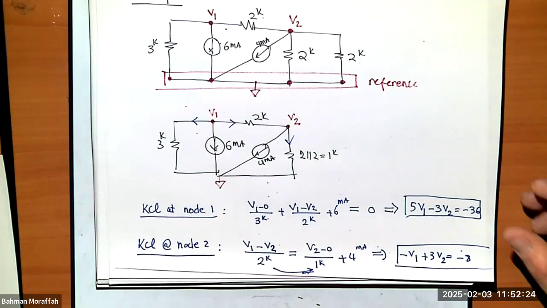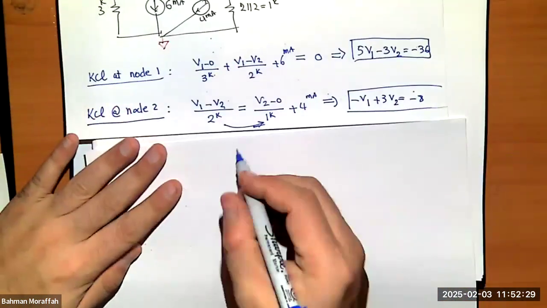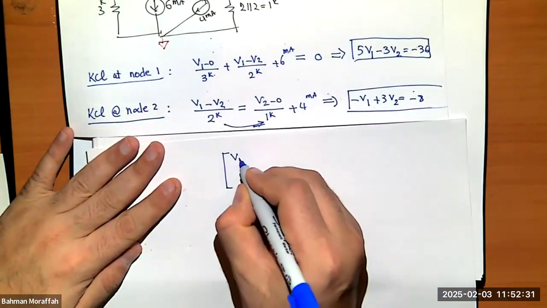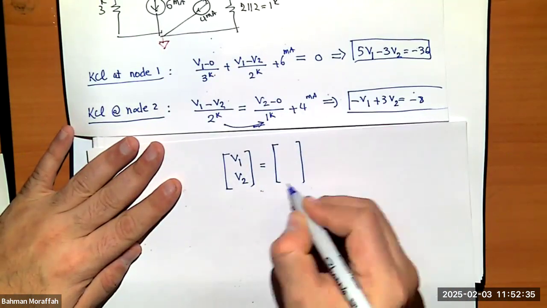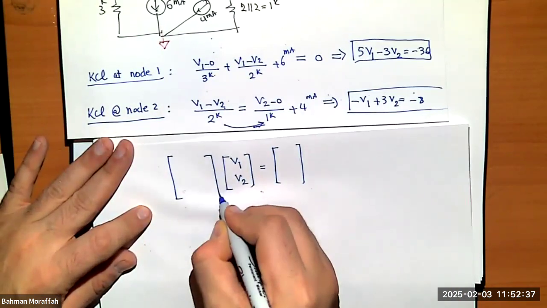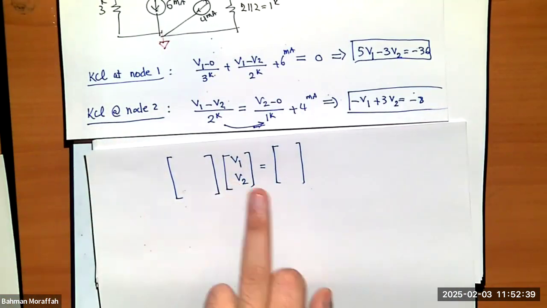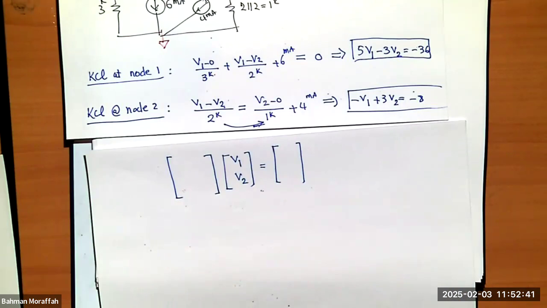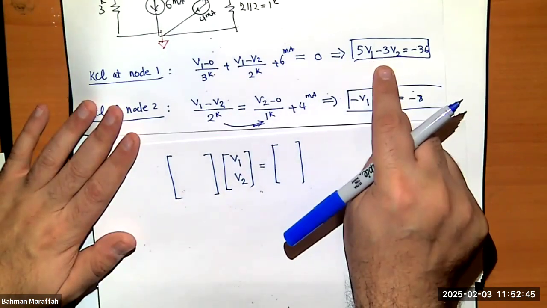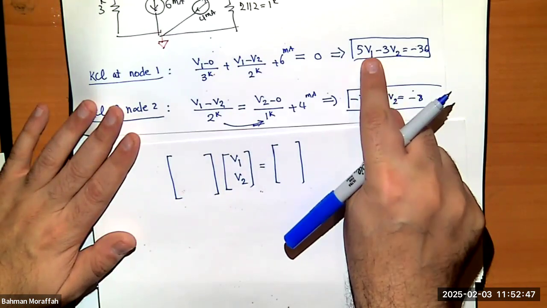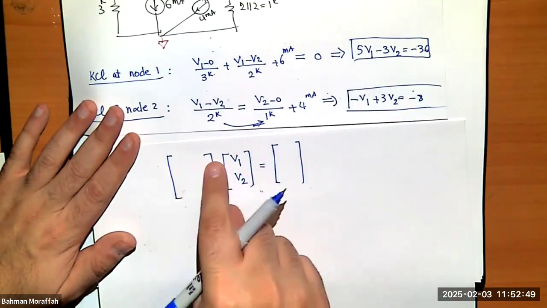Let me put it in a matrix. Again, I have my unknown vector. I should have my coefficient matrix multiplied by this unknown and give me some constant. If I want to represent the first equation here, I have to put the coefficients on the row for this guy.